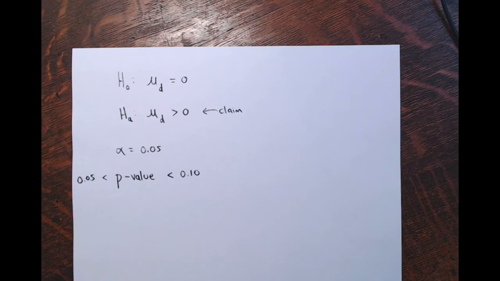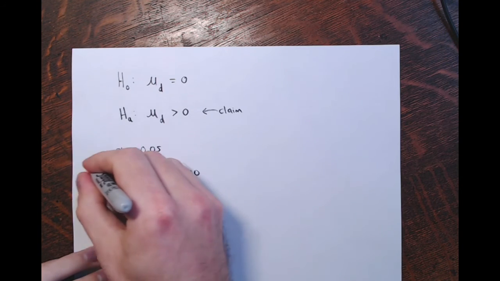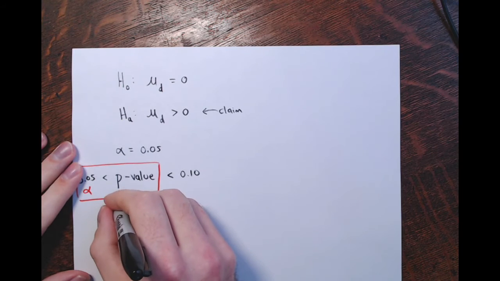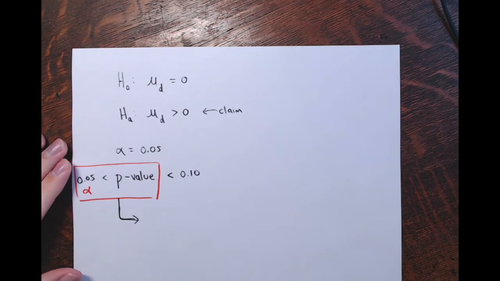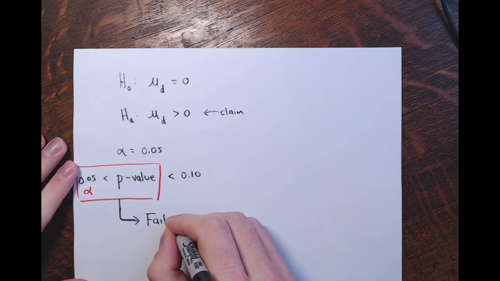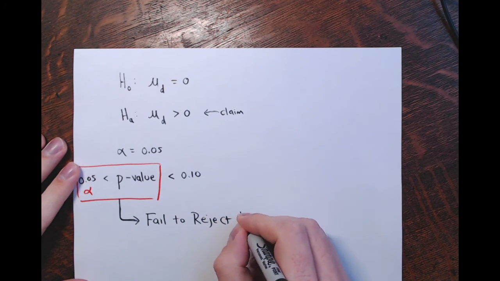So as you can see from my inequality here, clearly the p-value is greater than alpha. I don't know exactly what the p-value is, but from that description, I know that the p-value is greater than 5%, greater than alpha. And if you recall, with this p-value approach, if the p-value is greater than alpha, then you do not reject the null hypothesis.